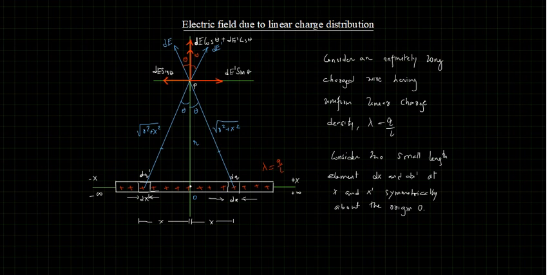the small electric field dE due to dq will be how much? dE will give me k dq by how much is the distance? Let us do it like this. Let us name this portion as y, and overall we will write this as r.